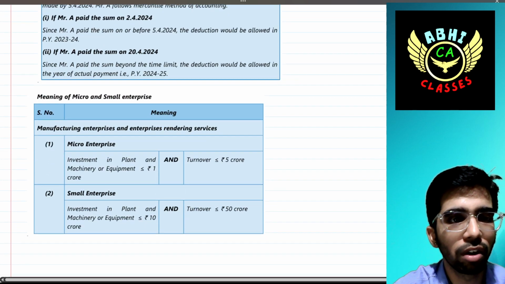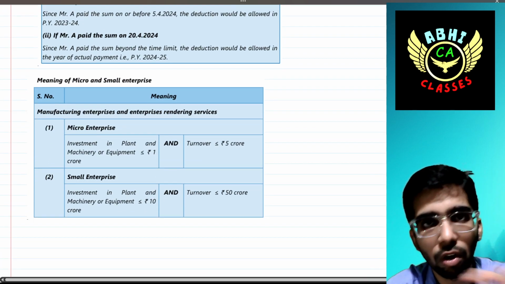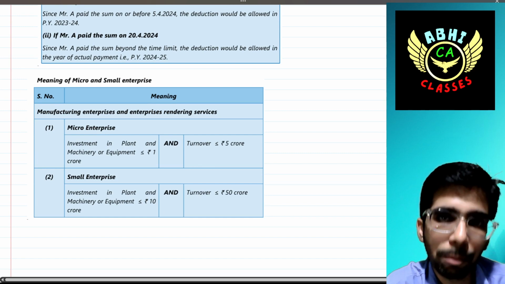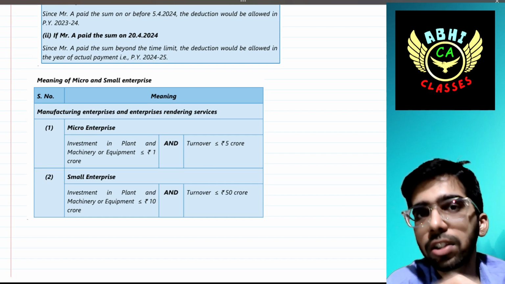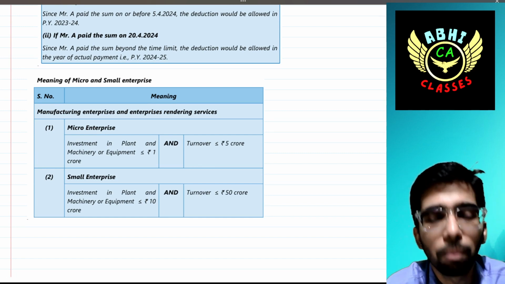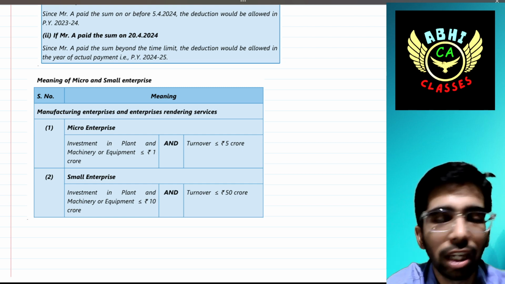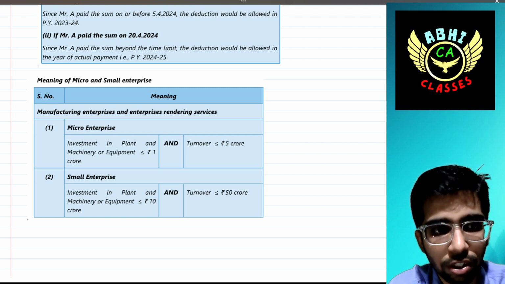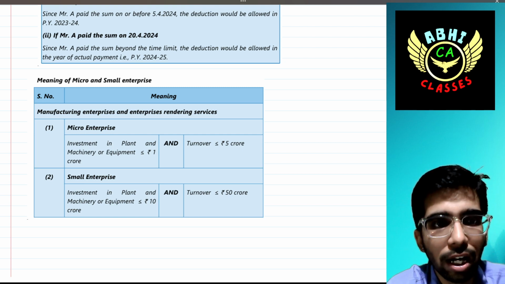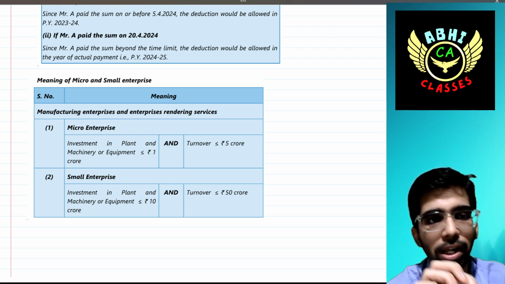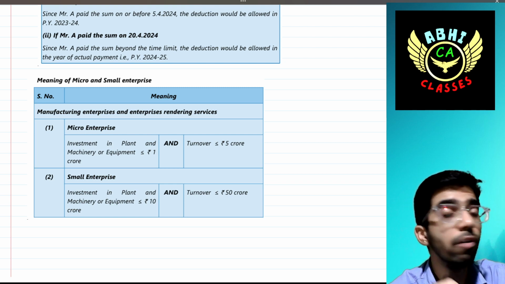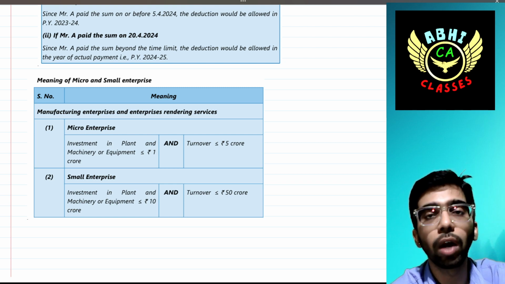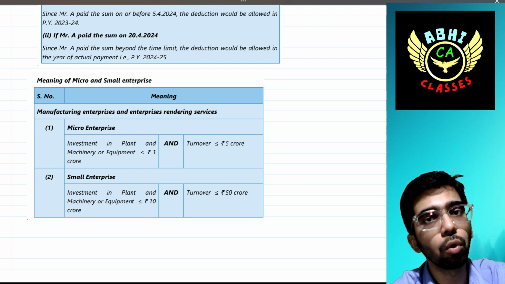Then there are some definitions of micro and small enterprises that might be asked in your MCQ portion. Keep an eye on this also. For manufacturing and service-rendering MSMEs, a micro enterprise means investment in plant and machinery up to 1 crore and turnover up to 5 crore.